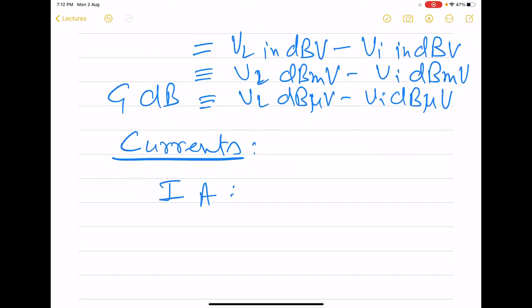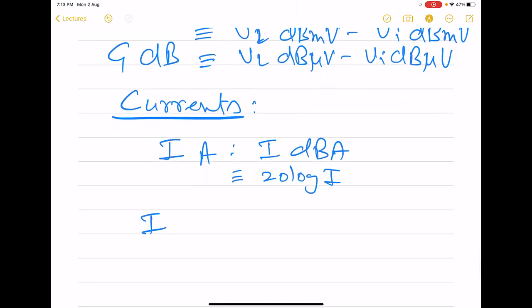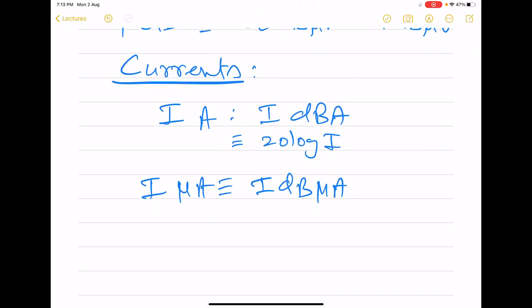When it is converted into dB scale, it will be written as I dB A, and this will be calculated as 20 log of I. Now if I were expressed in microampere, in that case we will write I dB microA, and this will be simply equal to 20 log of I.